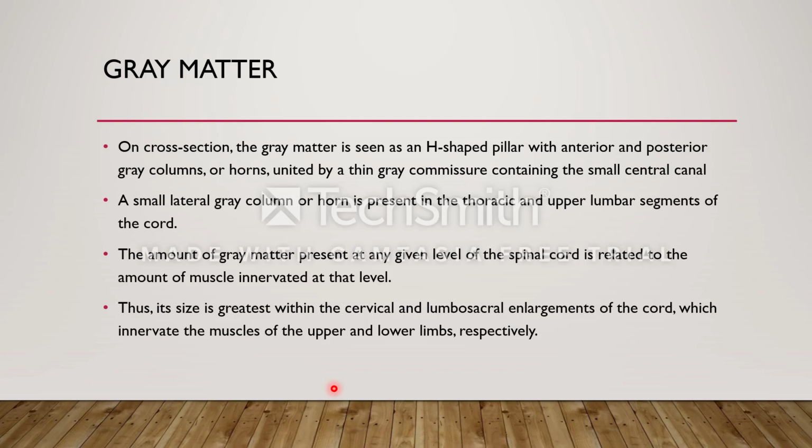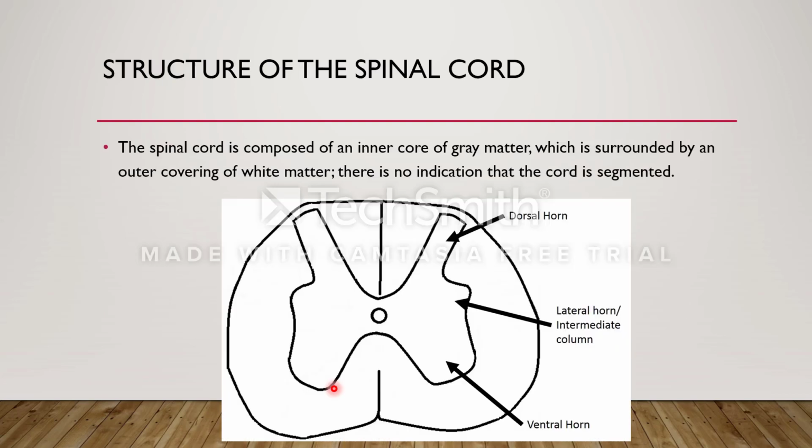Now, first of all, we will discuss the grey matter. On cross-section, the grey matter is seen as an H-shaped pillar with anterior grey horns or anterior grey column and the posterior grey column, and this is the lateral grey column. So H is formed of the anterior grey column, the posterior grey column and the lateral grey column.